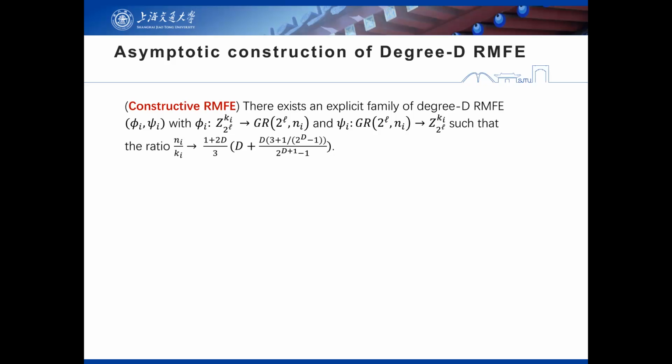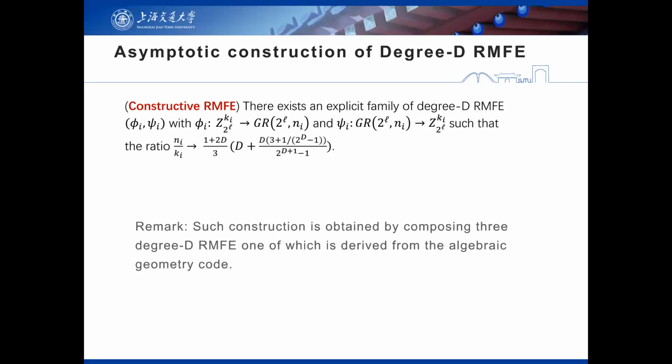If we want an asymptotically constant ratio, we must rely on some algebraic geometry code, and this construction is obtained by composing three degree d MFEs, one of which is derived from algebraic geometry code, and the ratio is roughly this result.